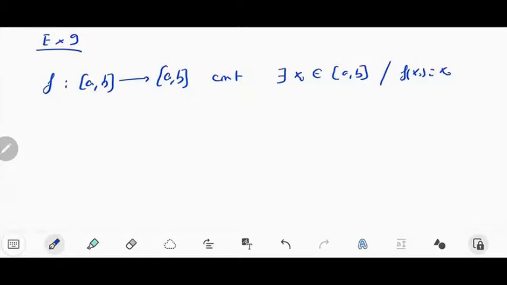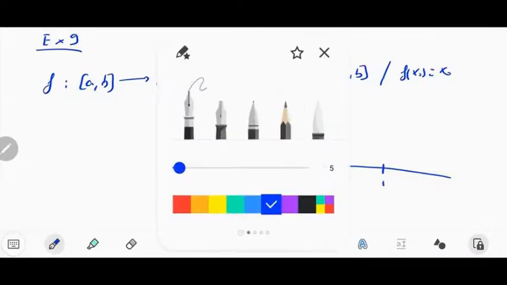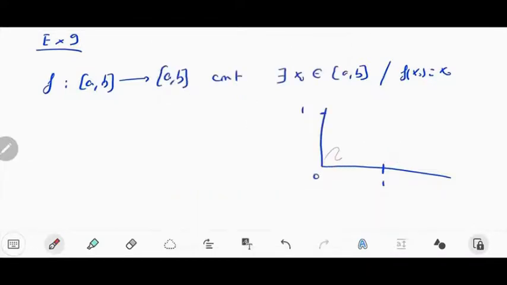If you want to imagine it, imagine that you have a function that is going from 0, 1 into 0, 1, and that is continuous. Can you find such a continuous function such that it doesn't intersect y equal x? So this is y equal x.